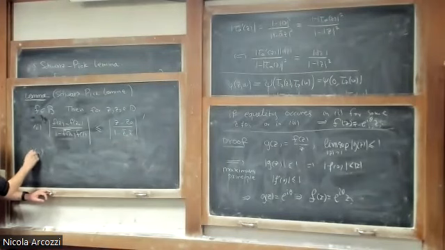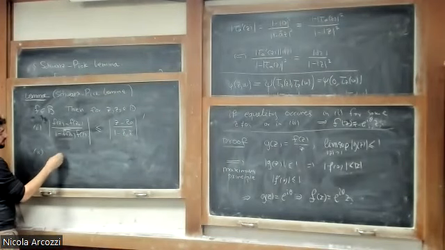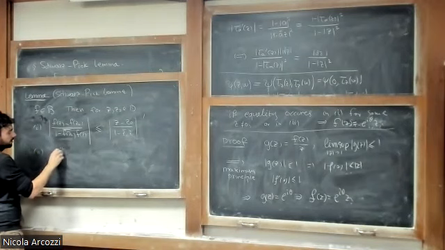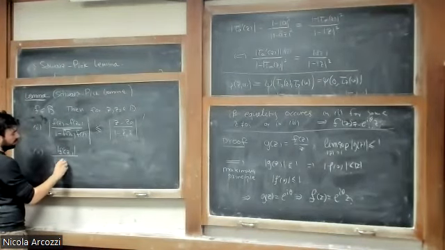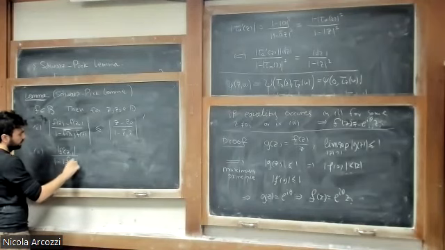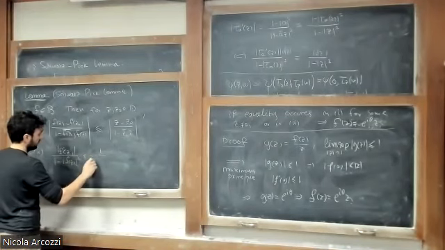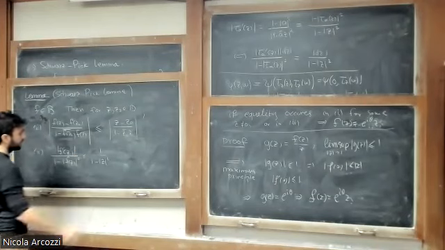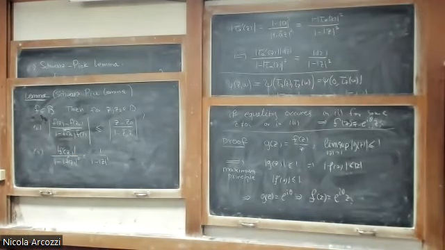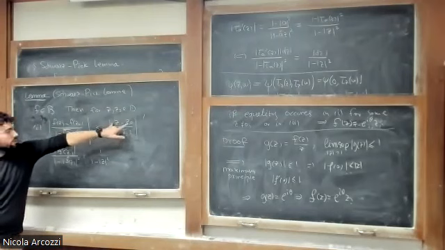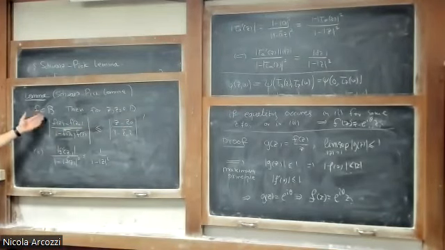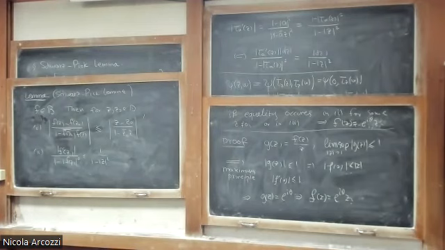And there exists also the infinitesimal version of this, which says that we have this inequality, and of course you can obtain the second from the first one just by dividing everything by the modulus of z minus z0 and taking the limit as z goes to z0.